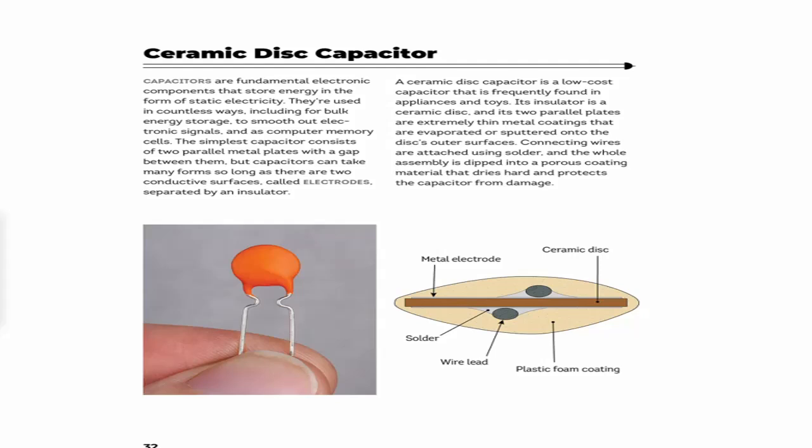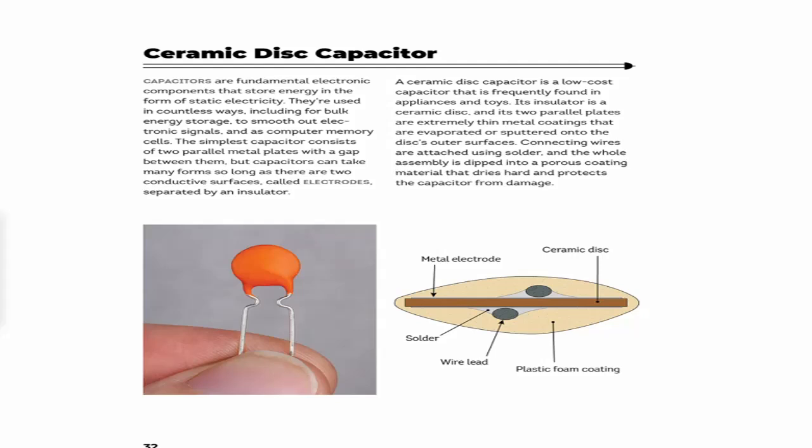Tolerance is plus minus 5% to plus minus 20%. Fourth is operating temperature, that is from minus 55 degrees centigrade to 125 degrees centigrade. Low inductance and ESR. ESR means equivalent series resistance.